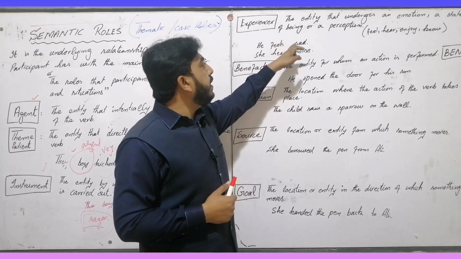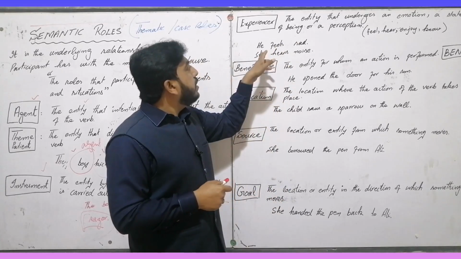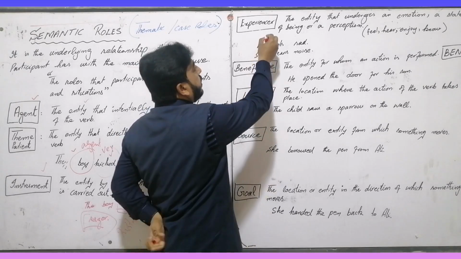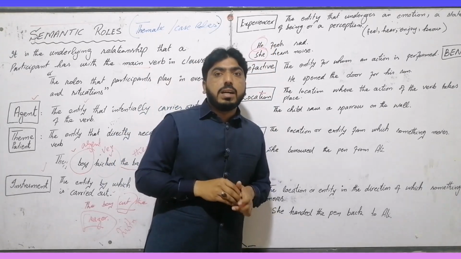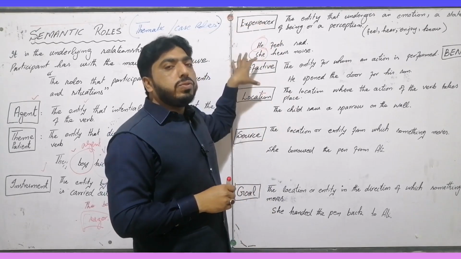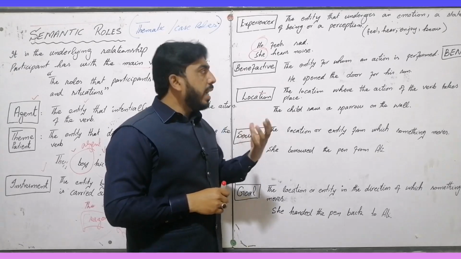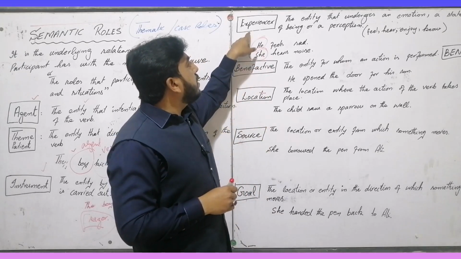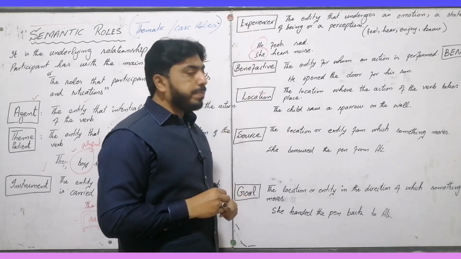For example, he feels sad, she hears noise. So here this he and she is not performing action, rather these two subjects, he and she, are experiencing. That is why we say that these two have the role of experiencer.